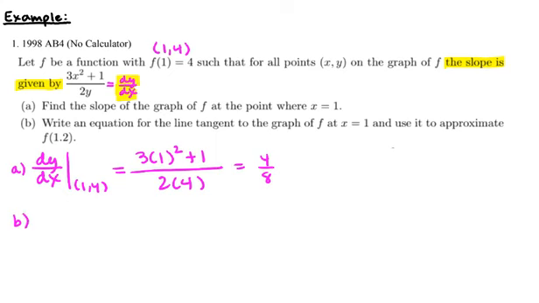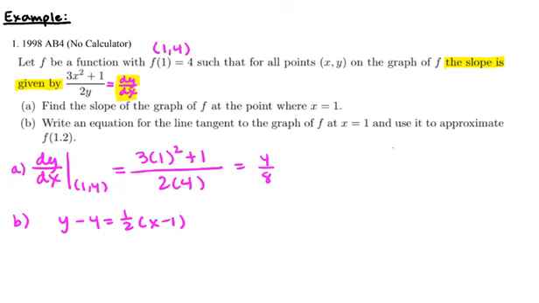Part B, write an equation for the line tangent to the graph at x equals 1. Well, I've got a point and a slope, so I'm ready to write an equation. y minus 4 is 1/2 of x minus 1. This is the type of thing we could do right now if we were faced with this on the AP exam. We can write an equation for the tangent line at x equals 1 and use it to approximate f of 1.2.